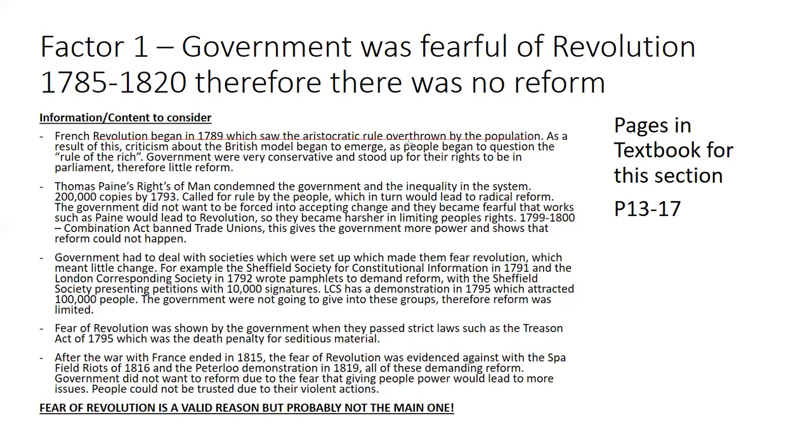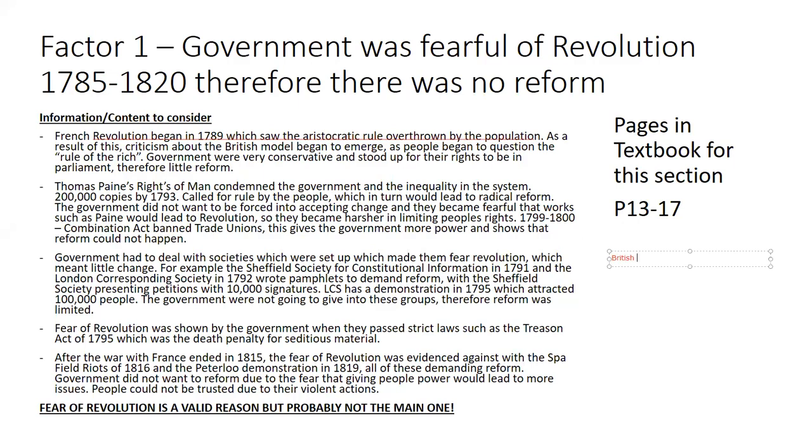So in France in 1789, there was this overthrowing of the aristocratic royal family, which led to the people taking control. Because of this, there began to be some criticism about the British model. Just so we have an understanding, I'll add this to this slide.